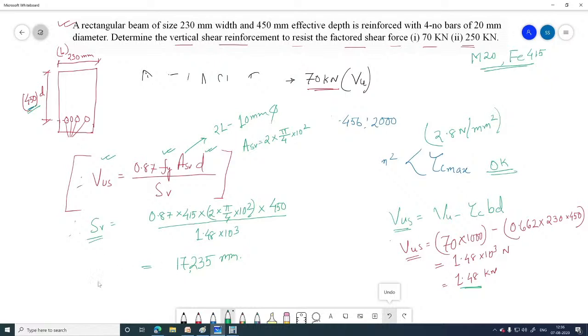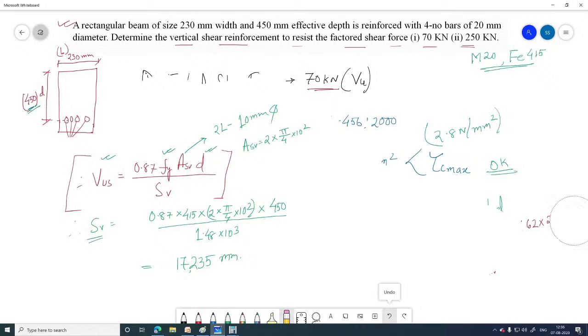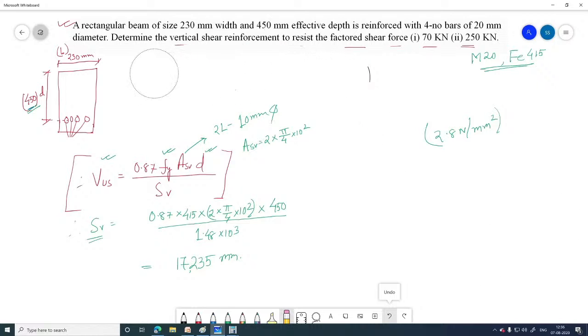This is too much higher, but yeah, in the code it is given what is the maximum value of the spacing that we can provide. So as per the code, the maximum spacing that we can provide is SV max, that is 0.75 d or less than equal to 300 mm.